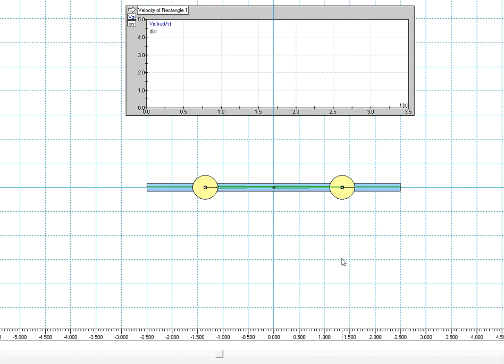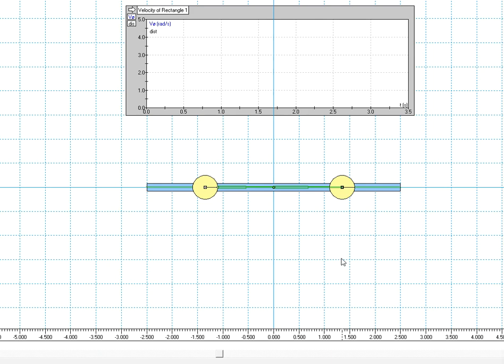Think of skaters spreading their arms to slow down and bringing them close to their body to speed up, and other similar experiments that you can do.